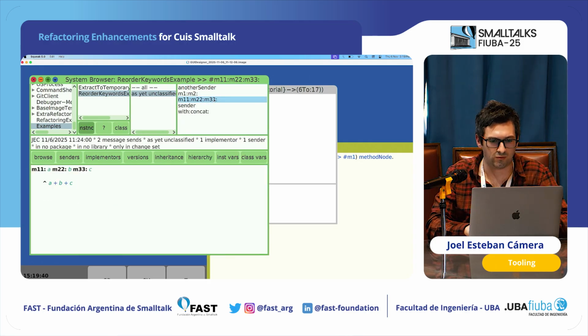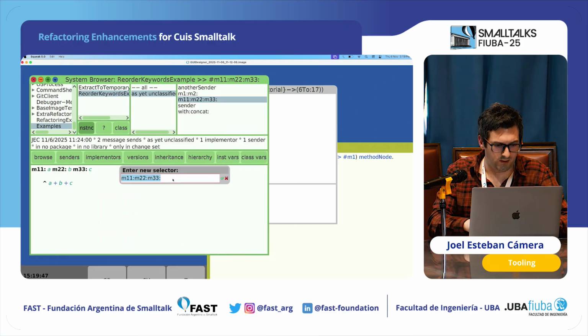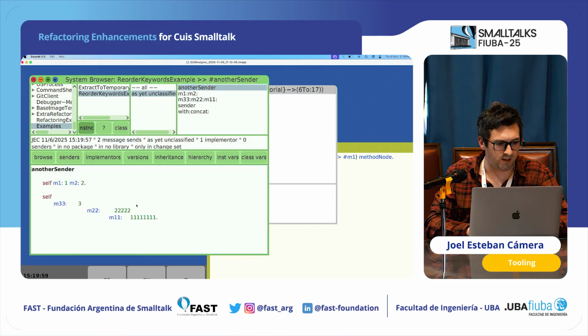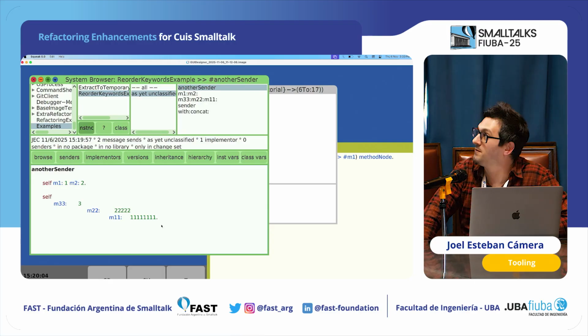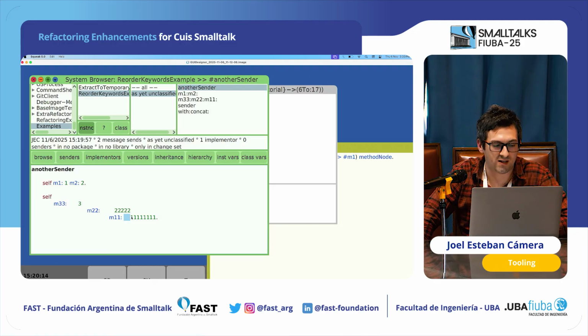And if I want to refactor that, M33, M22, M11, class refactor, and you see another sender, it also changes the spaces. They keep the spaces it has, trying not to change too much the style of the programmer.